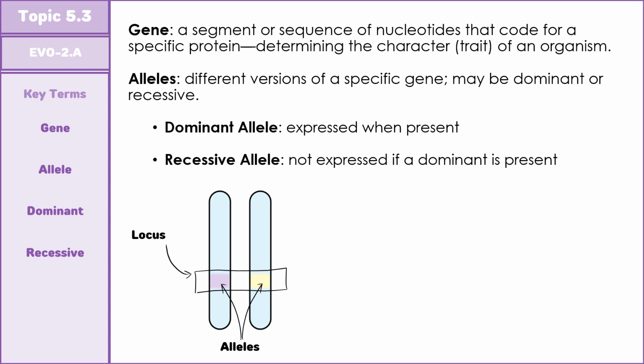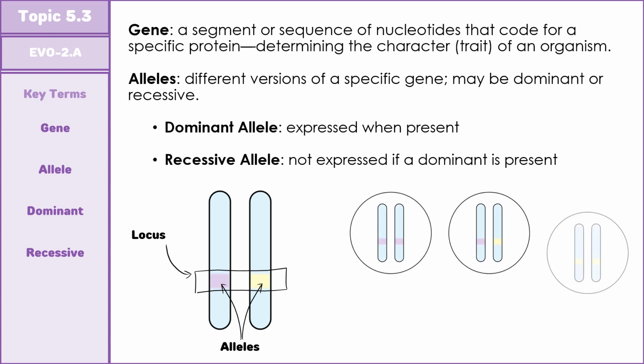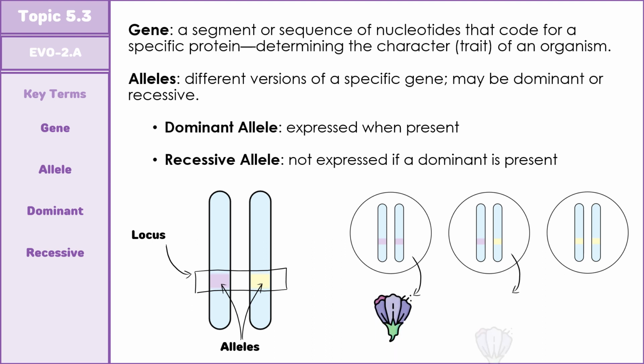So when we take into consideration that we have 2 different alleles, that means that we can combine them in a couple of different ways. So we can put 2 dominants together, we can put 2 recessives together, and we can put a dominant with a recessive. So the combination of the alleles is what's going to determine which character is expressed.